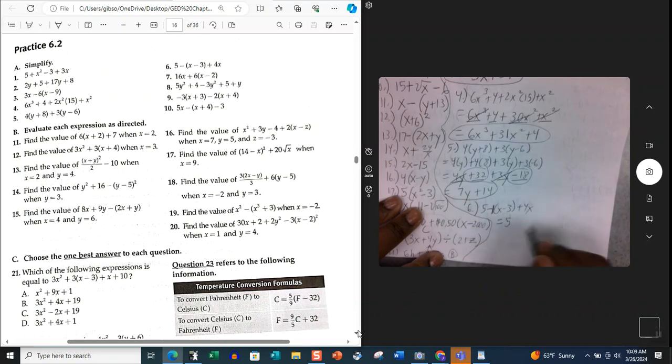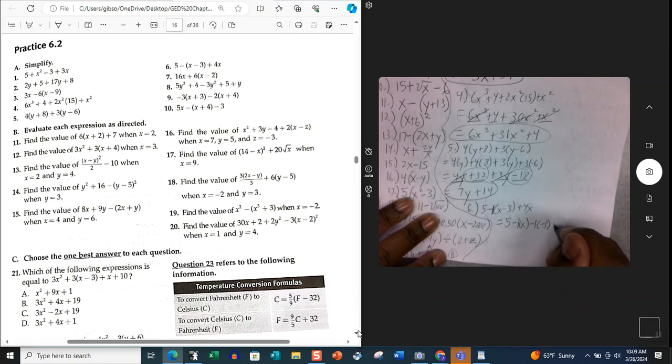So you have 5, and then you would take minus 1 times x, and then minus 1 times negative 3. Because you would take this minus 1 times both values, and then we'll bring down our plus 4x. So now, we have 5, a negative 1 times x will give us a minus x. Negative 1 times negative 3 will give us plus 3 plus 4x.